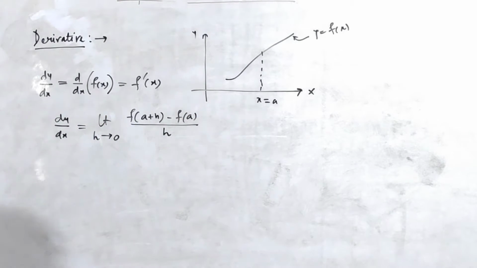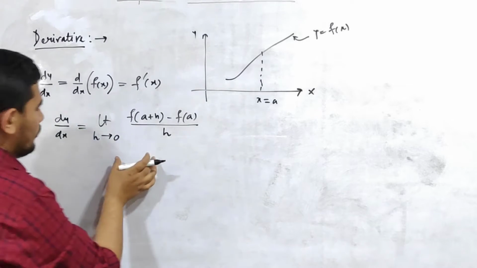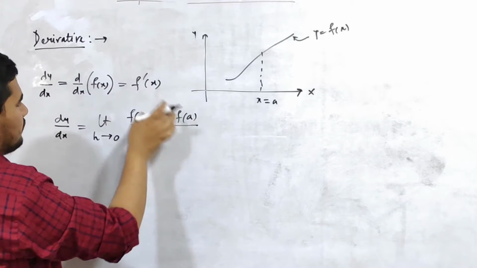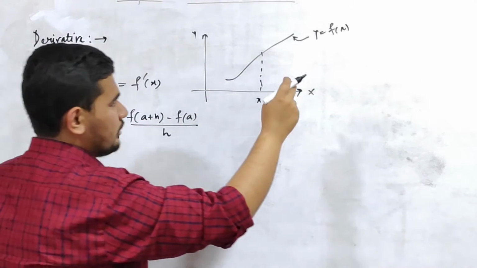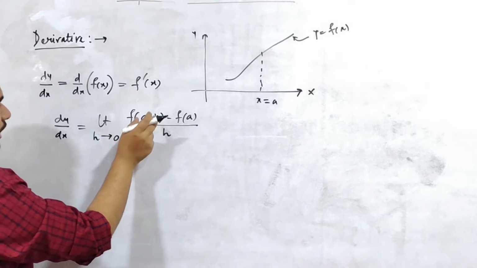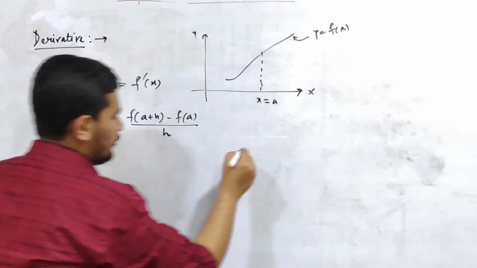This is the basic formula of derivative, which means that to write a derivative of any function, I need to evaluate the function y equal to f(x) at a point f of a plus h, which is a nearby point.